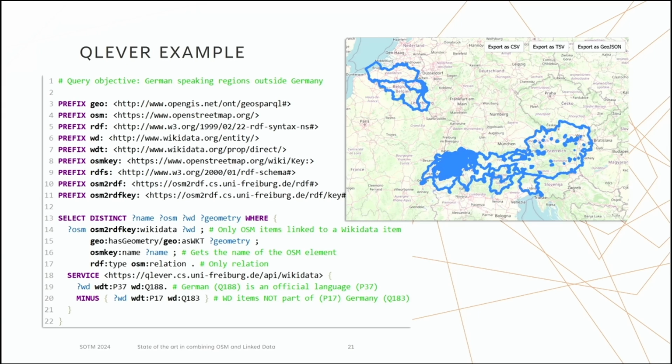I used a SPARQL query using QLever in this example, which combines the entities of OpenStreetMap and Wikidata, filters using Wikidata only the elements where German is the official language, and takes from OpenStreetMap the information about whether each is inside Germany, and their geometry.